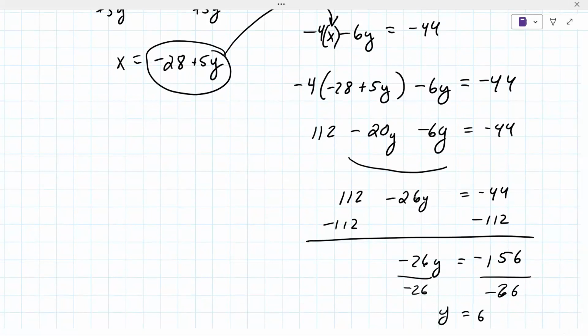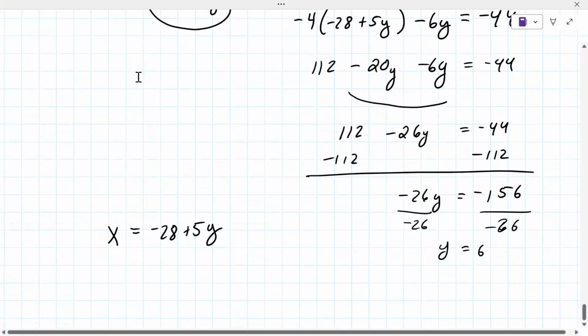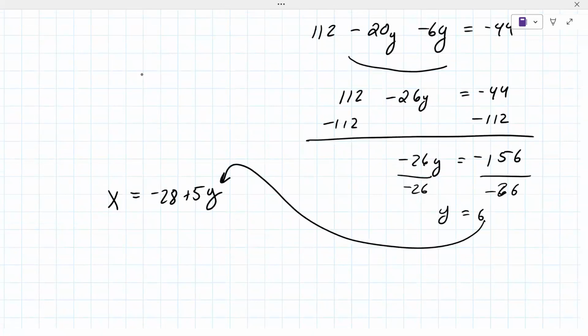Is that okay? Yeah. All right. So we're not done though. We have to find both x and y. To do that, you go back to your equation for x. X is really -28 plus 5y. So this value of y goes in there. It's negative 28 plus 5 times 6. If you have a calculator handy, why don't you try that one?